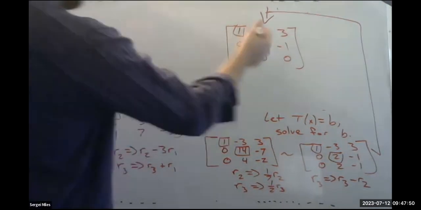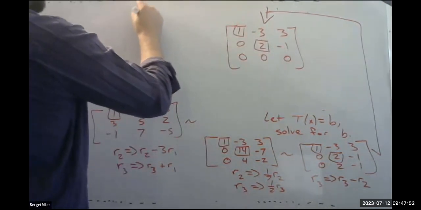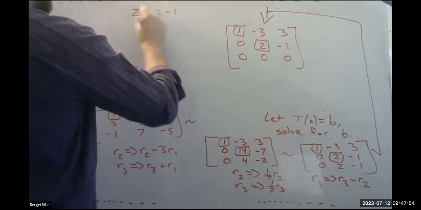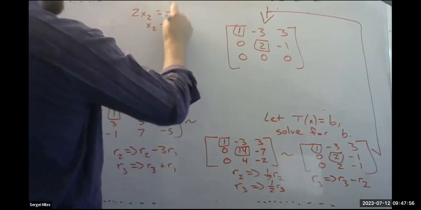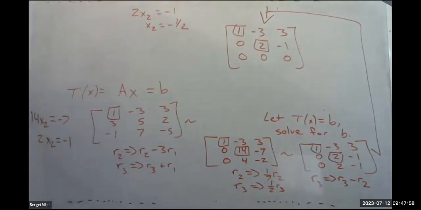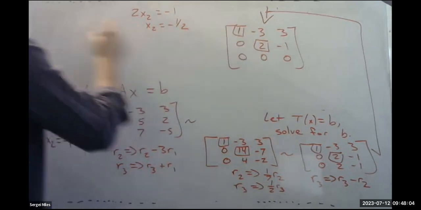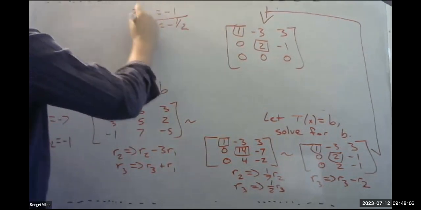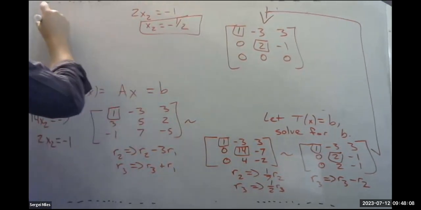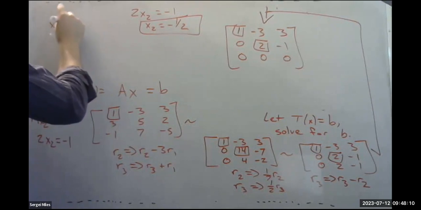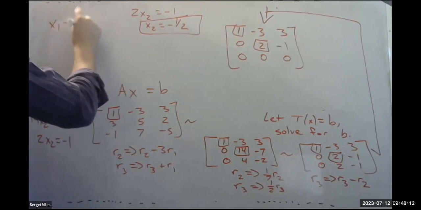Okay, what's x2 though? Well, take row 2, and we see x2 equals -1/2. All right, great. What does that tell us about x1? Well, this equation for row 1 says, let me put that in a box, x1 minus 3 x2 equals 3.